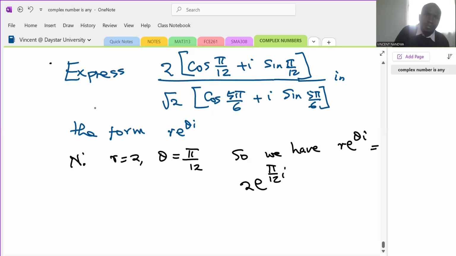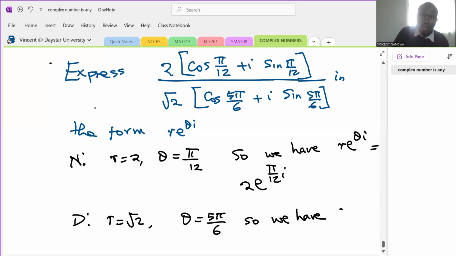And then the denominator, r is √2, theta is 5 pi over 6. So we have r e raised to the power theta i is √2 e raised to the power 5 pi over 6 i.